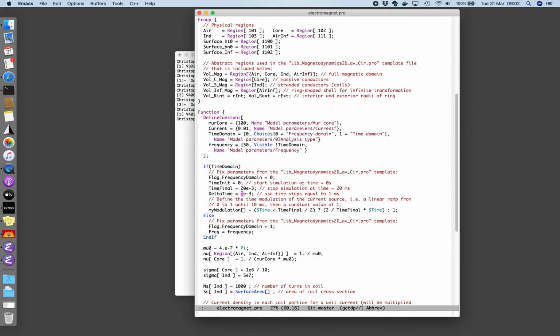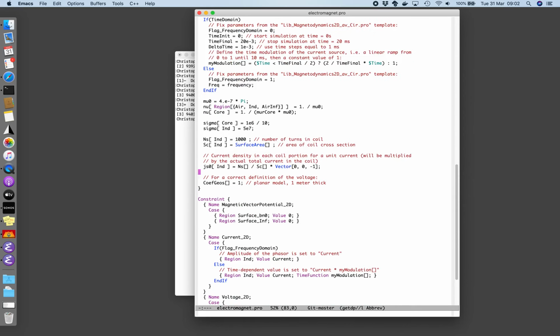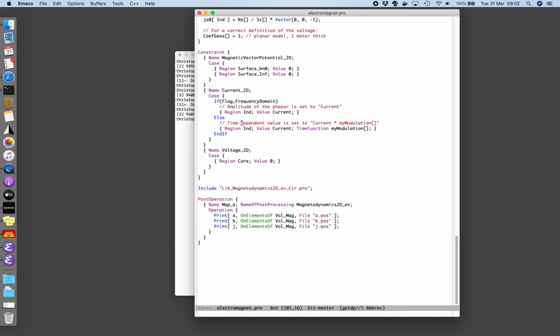And then, of course, we need to say how the excitation varies. In this problem, remember, we impose the total current in the inductor. If I was in the frequency domain, I just impose the maximum amplitude of the phasor.